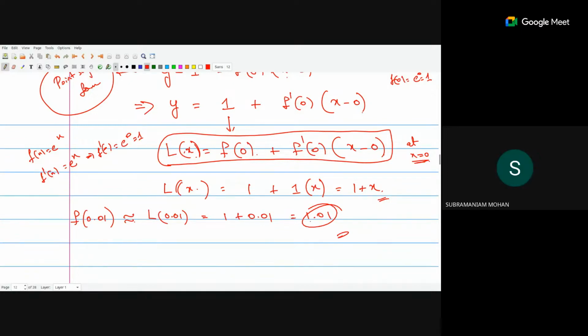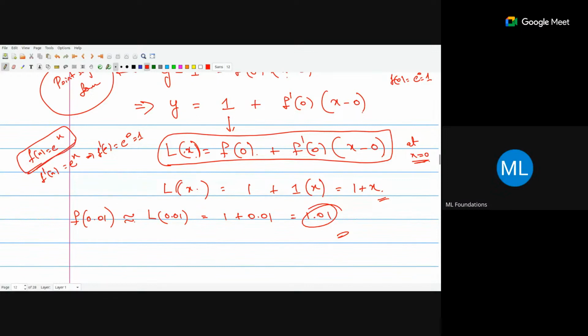Sir, how is it that f of 0 is 1 and f dash of 0 is 1, and yet the linear approximation comes out more than 1? It sounds a little bit off.